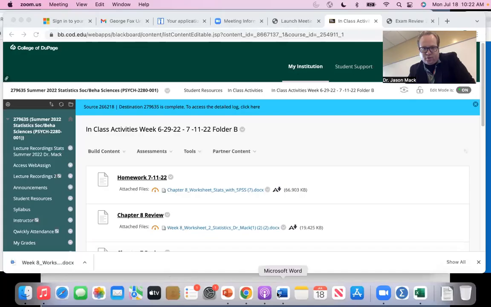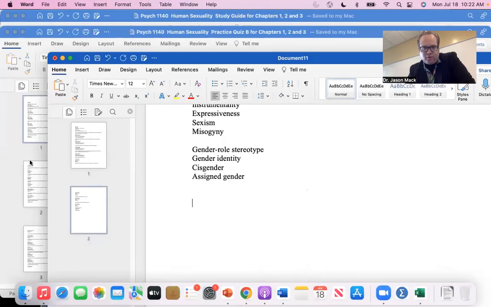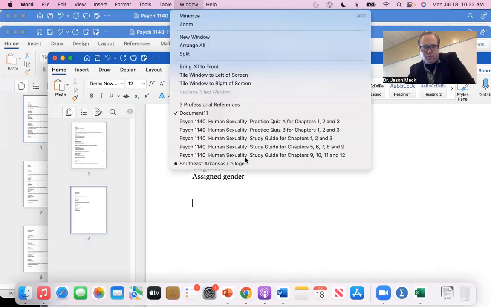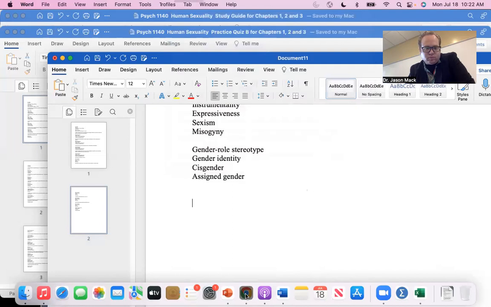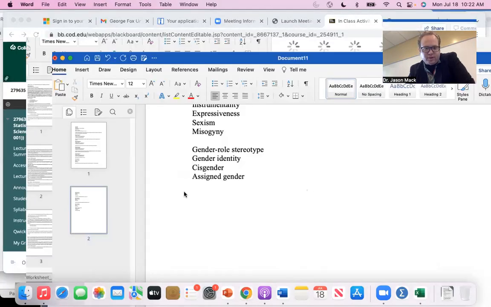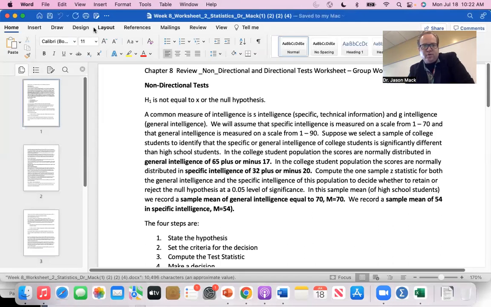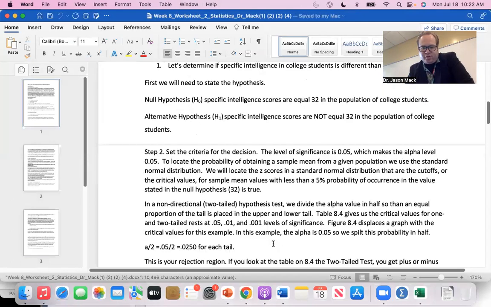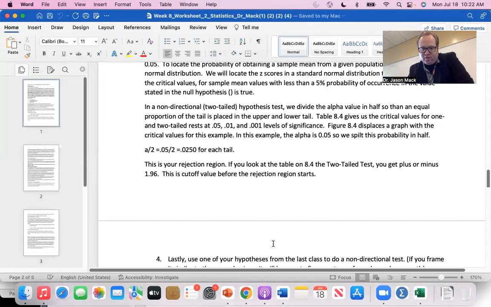Desktop, Word. No. Window. That's not right. There we go. Okay, so we're down towards the bottom, I think. All right.